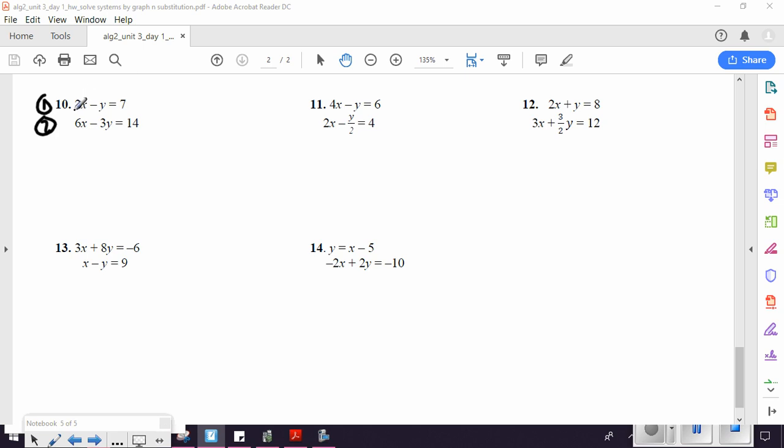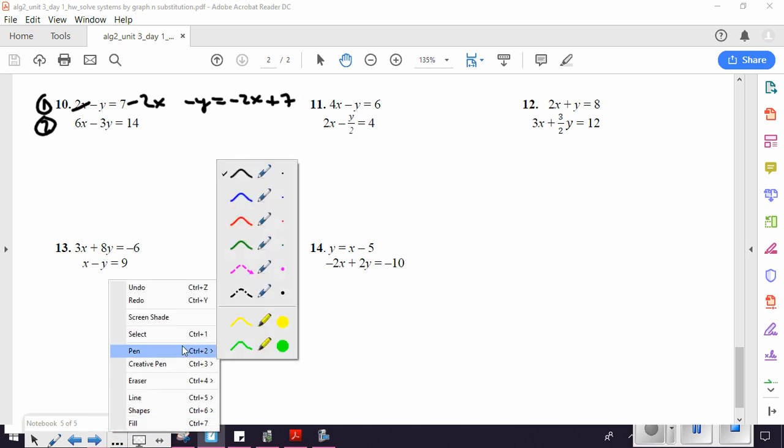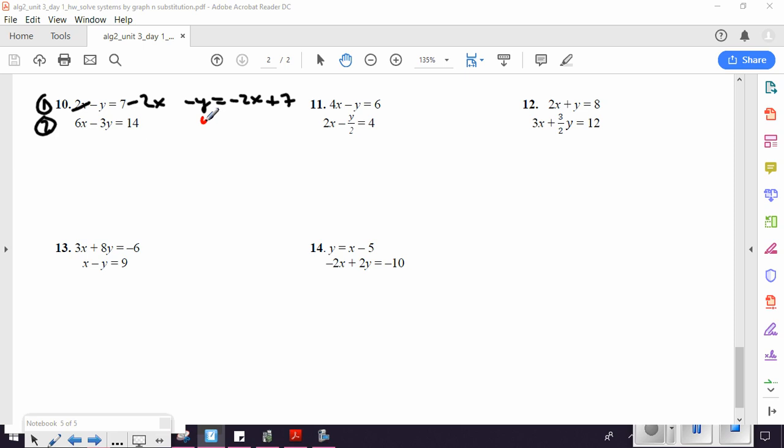You first get rid of 2x on both sides, which would leave you with negative y equals negative 2x plus 7. Then divide everything by negative 1. So y is equal to positive 2x minus 7.